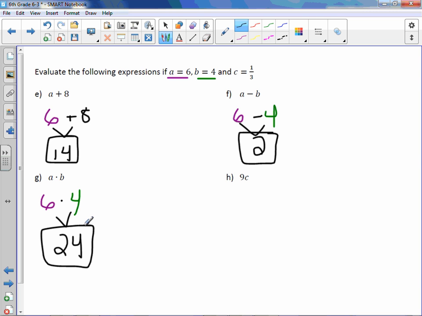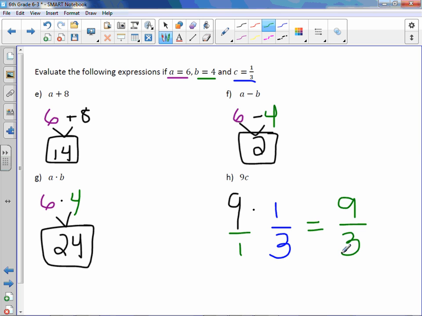Letter H is 9 times c, so 9 times, and c is 1/3. Remember, put the 9 over 1 to make it a fraction. 9 times 1 is 9, 1 times 3 is 3. Fractions are division, so 9 divided by 3 is 3.